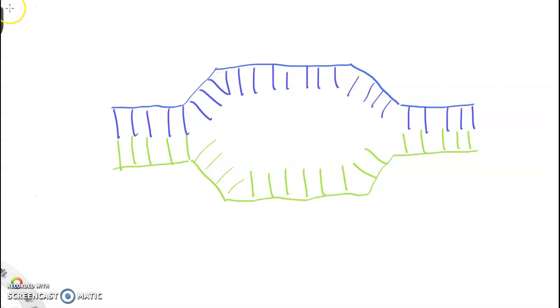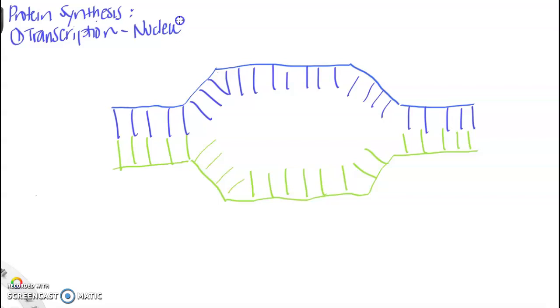In protein synthesis, there are two parts to this, two stages to this. And the first one is called transcription. The transcription occurs in the nucleus, and it's where we get the gene.